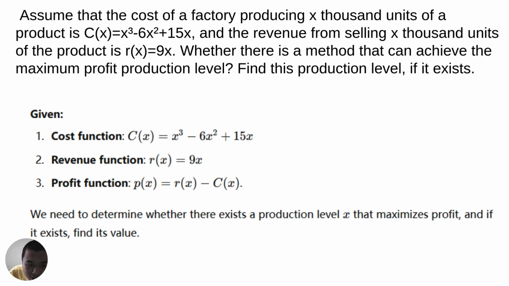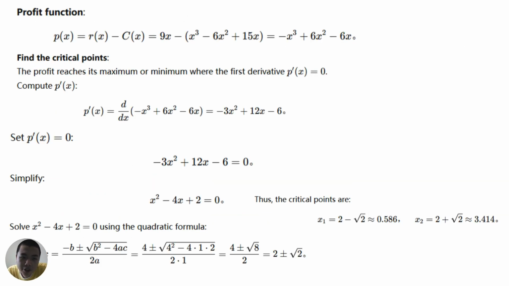We are given the cost function C(x) here and the revenue function R(x) here. So the profit function is just P(x) = R(x) - C(x). We need to determine whether there is a production level x that maximizes profit, and if so, find its value. The profit function P(x) is just -x³ + 6x² - 6x.